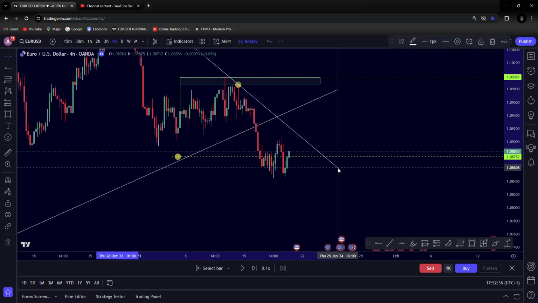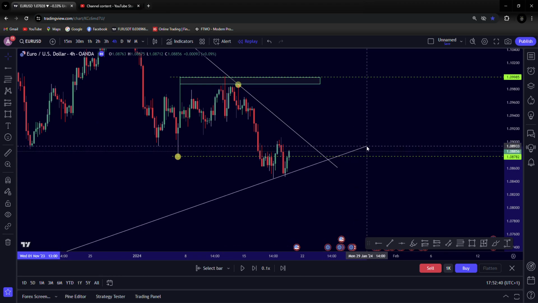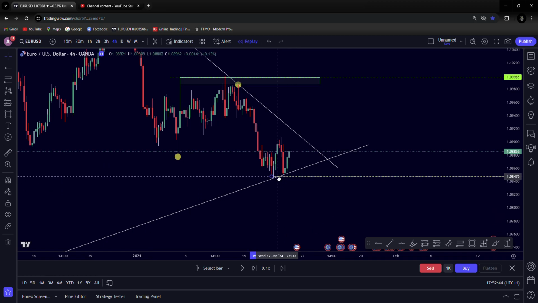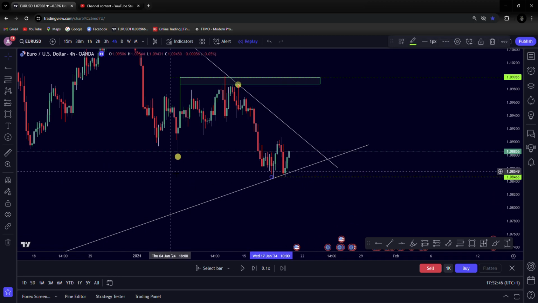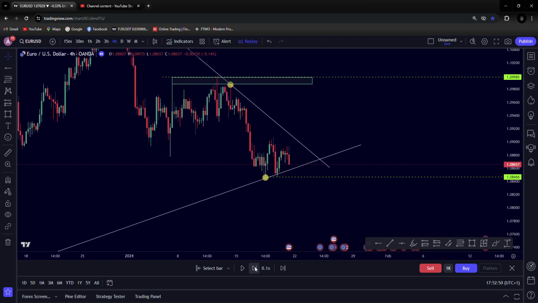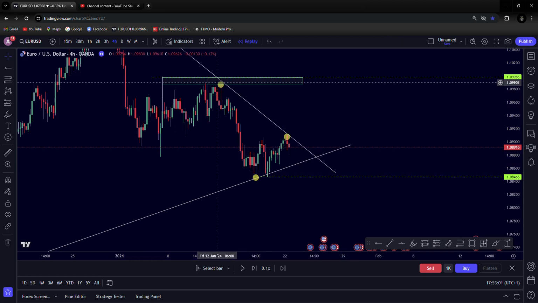I hope you understand. Okay, so this became our 0.2 of the trend line, because the very last one has been liquidated, we have liquidity over here, and let's see what is happening. This became the 0.3 of the resistance trend line, or 0.2 if you want to make it perfect, doesn't matter.